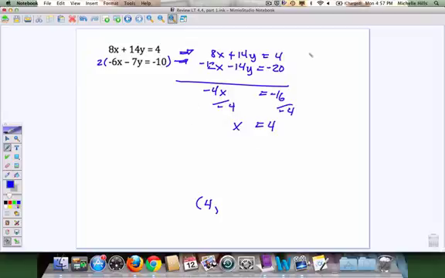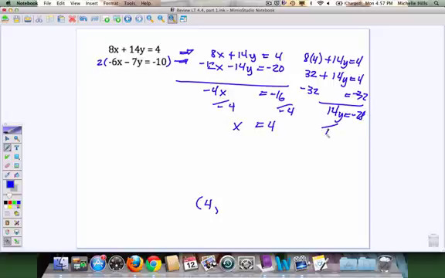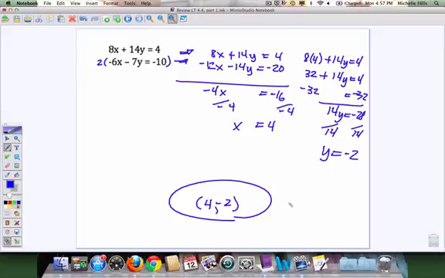So taking my first equation, 8 times x, which is 4, plus 14y equals 4, which becomes 32 plus 14y equals 4. Now when I subtract 32 from both sides of the equation, I get 14y equals negative 28. Dividing by 14 gives me y equals negative 2. So my point is the point 4, negative 2. That's part 1 of the elimination method.